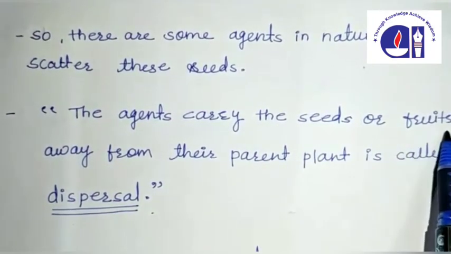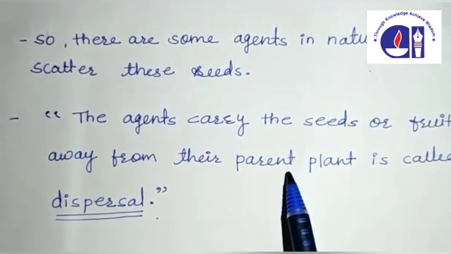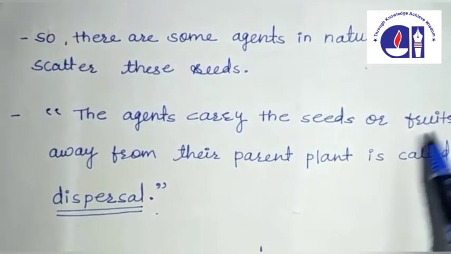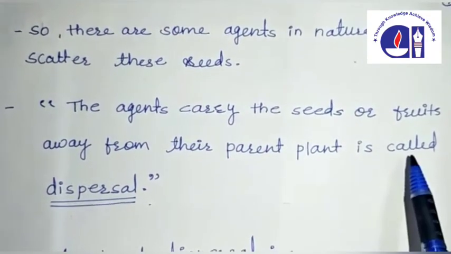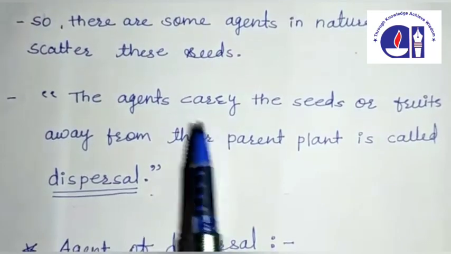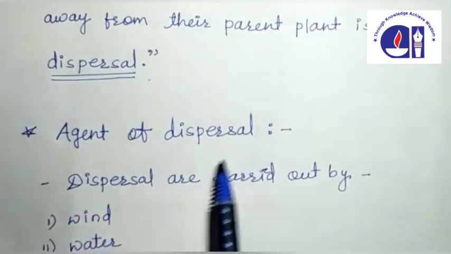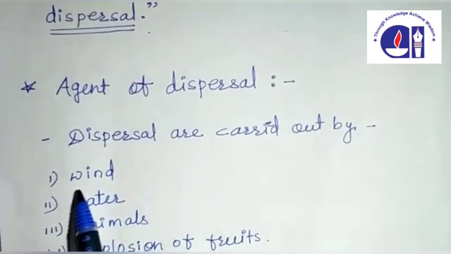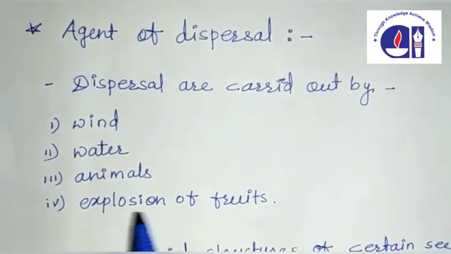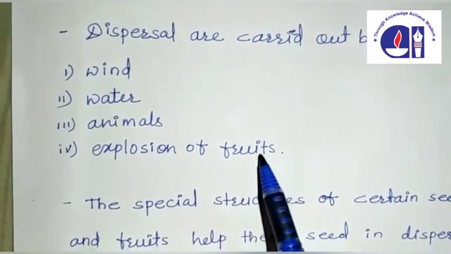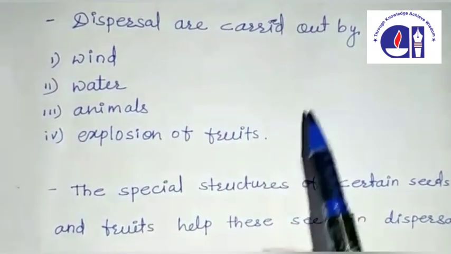It means a seed or fruit carried away from its parent plant is known as dispersal. Okay, students, and this dispersal is carried out by four agents: wind, water, animals and explosion of fruits. Have you understood this part?